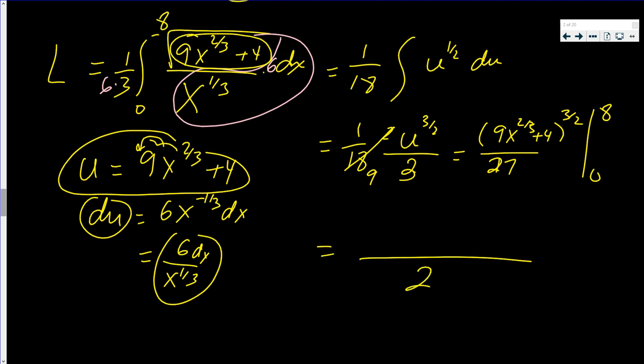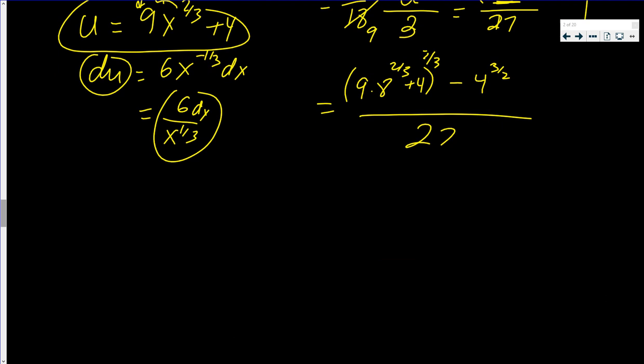Well, the 27 stays. Now, when I plug in 8, I get 9 times 8 to the 2/3 plus 4 all to the 3/2 minus, then I plug in 0. Well, I hope you see that's going to be 0. So 0 plus 4 is 4. I get 4 to the 3/2.